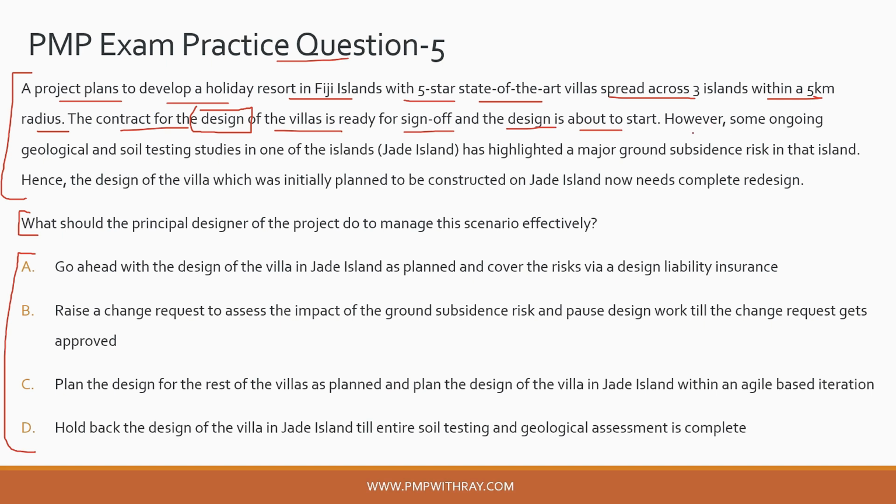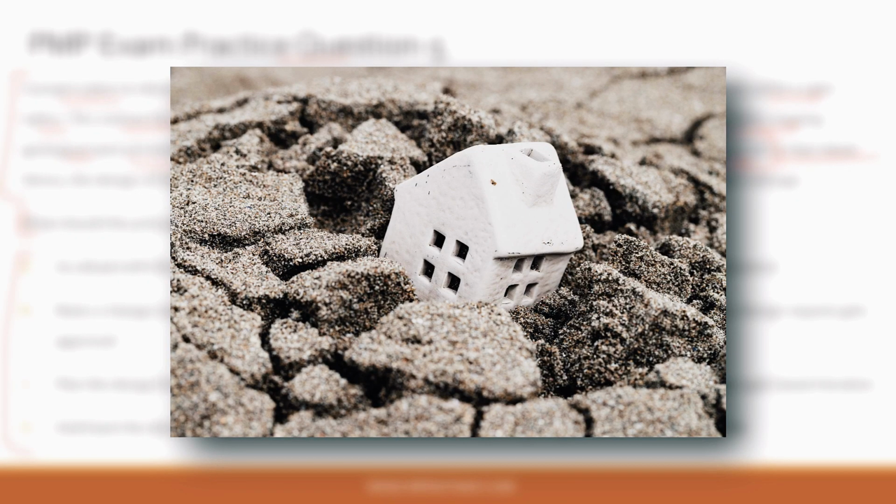Okay, however, some ongoing geological and soil testing studies in one of the islands, which is Jade Island here, has highlighted a major ground subsidence risk in that island. Okay, now ground subsidence risk means, guys, that a construction going on top of that soil might have a risk of sinking down over time.